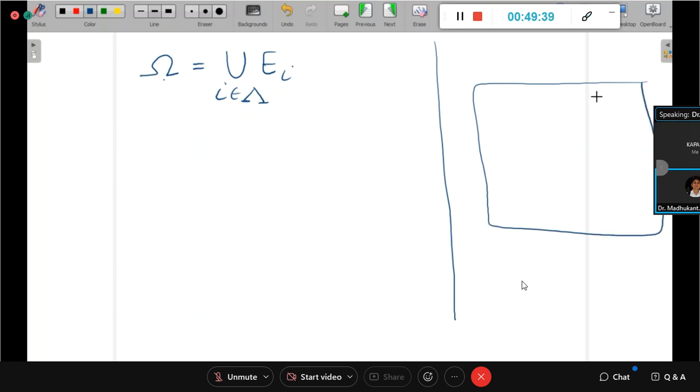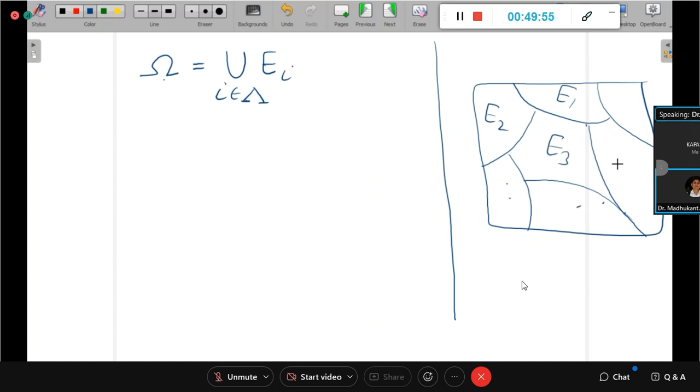Let's try to understand: you have a sample space omega, and you are defining events E1, E2, E3, and so on, En, and so on.